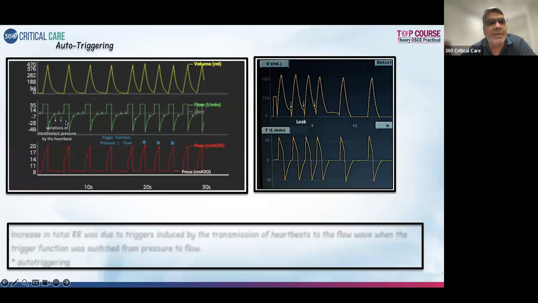Probably there are changes in intrathoracic pressure because of the contraction of the heart that is causing some trigger. Not all of them are triggered, but you can see this one is triggering a ventilator-induced breath. So this is called auto triggering, which is not set, but automatically the ventilator gets triggered by this.